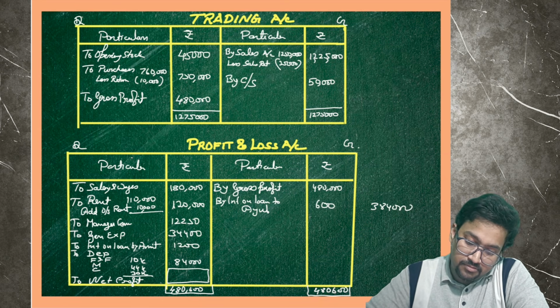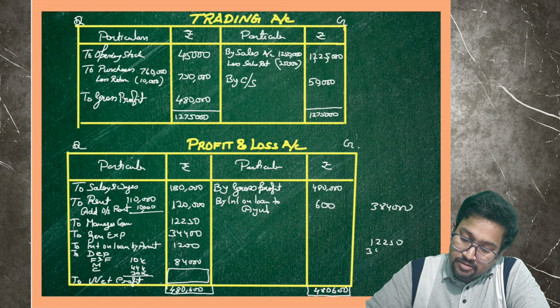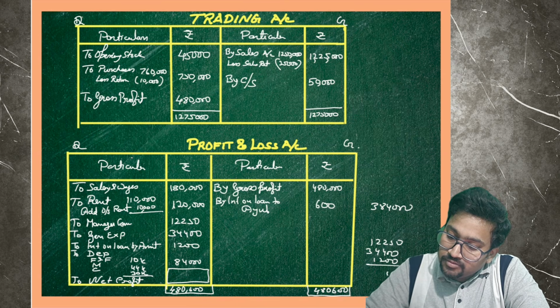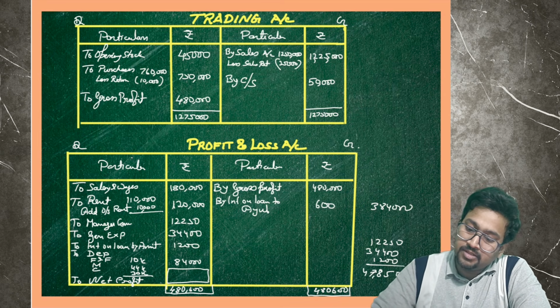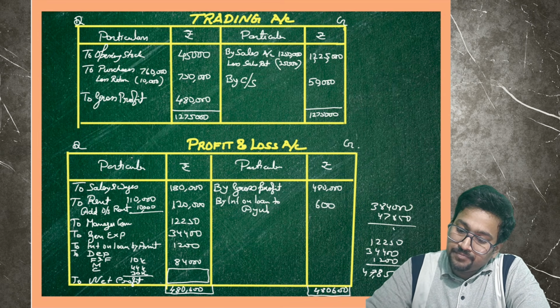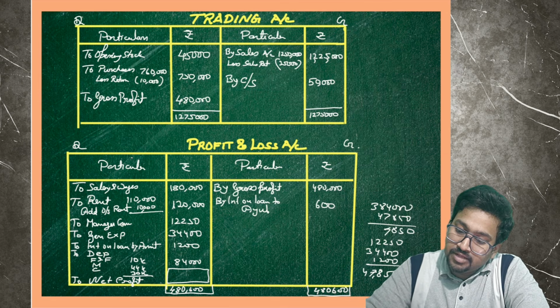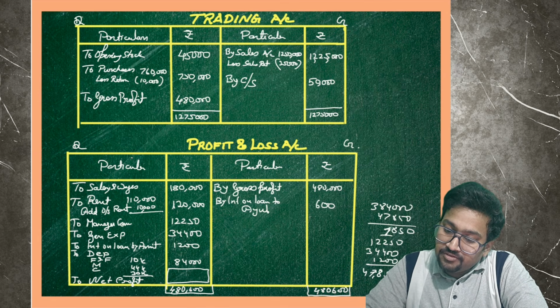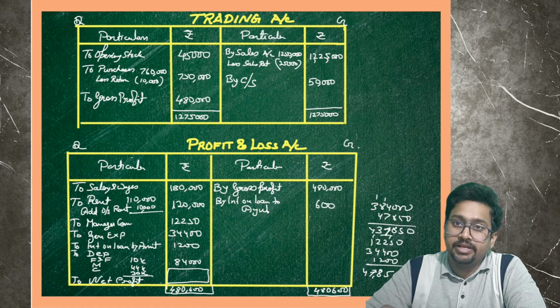Then we'll just add 12,250, 34,400 and 1,200. So it's 4,31,850.